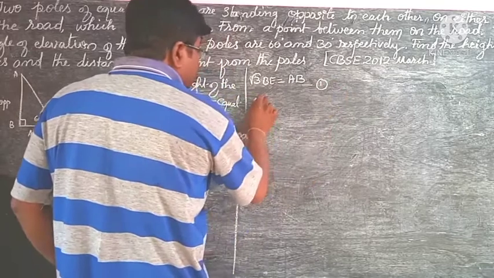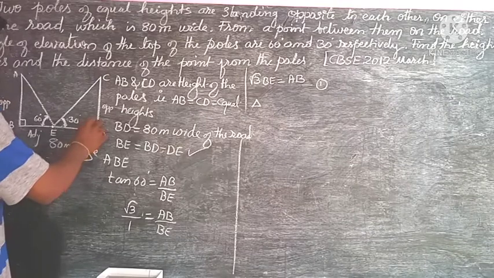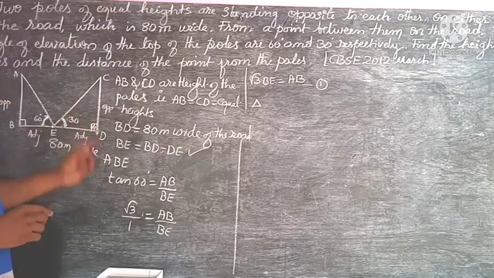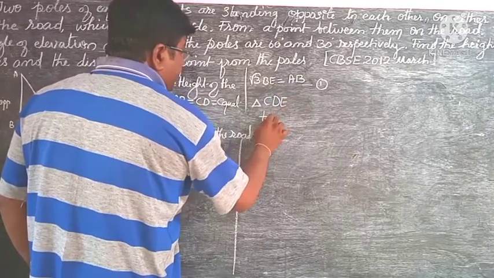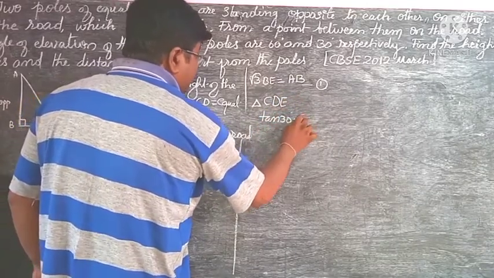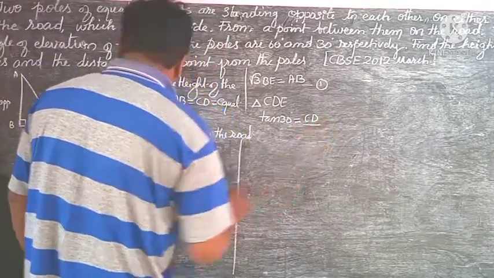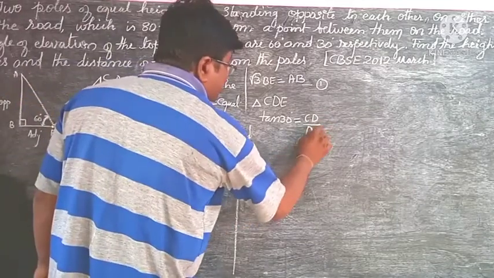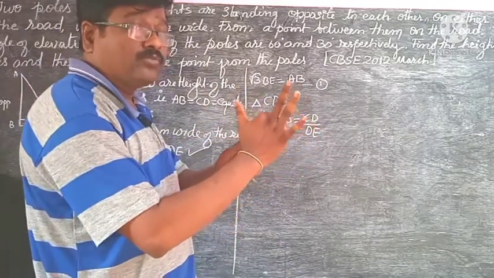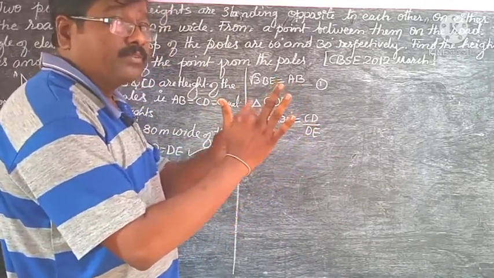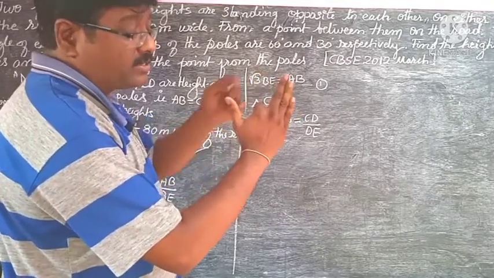Next, another right angle triangle. Which one is the right angle triangle? Triangle CDE. In the right angle triangle CDE, tan 30 degrees is equal to CD divided by DE. To find the tan 30 degree value, fold the 30 degree finger, and we obtain the sine and cos.